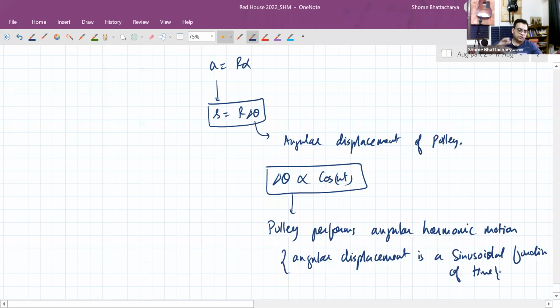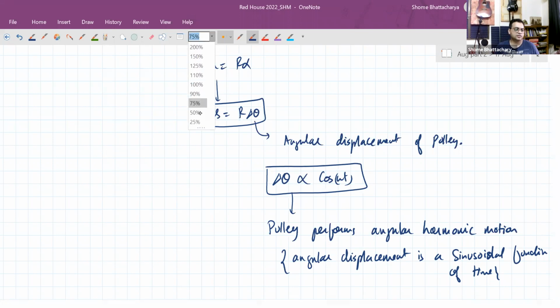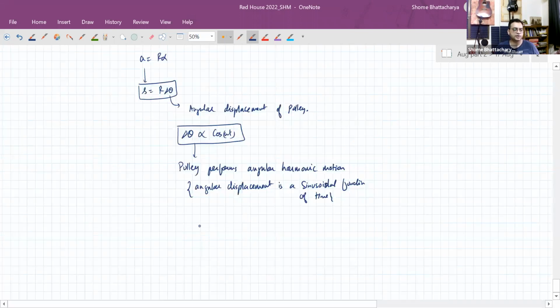So it's an angular oscillation, back and forth, to and fro, but with angular displacement, and in such a way that it's a harmonic function. So it's called an angular harmonic motion. So we'll see next time that pendulums also perform angular harmonic motion. Okay. So with this, we complete the description of SHM of spring mass systems.